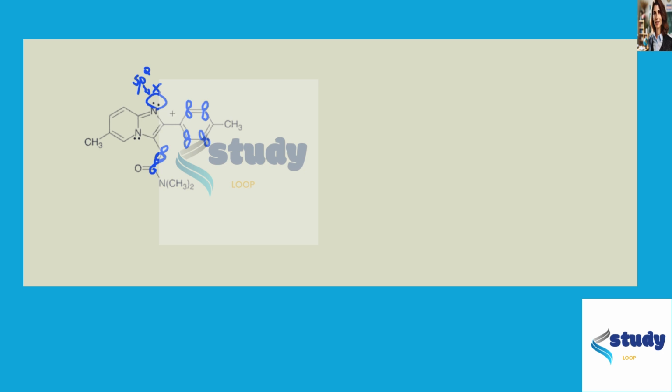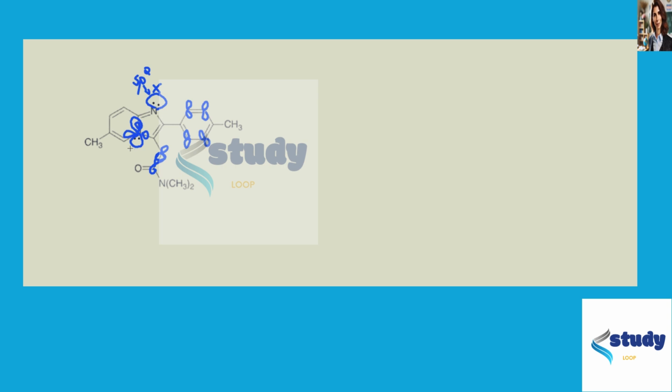Well, what about this nitrogen here? This nitrogen has those 3 bonds that are all in the plane of the carbon-carbon bond. But now we have this lone pair that is actually in a p orbital that is going up and down, so it can be involved in delocalization.